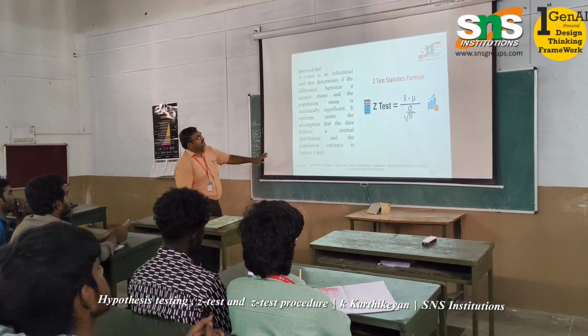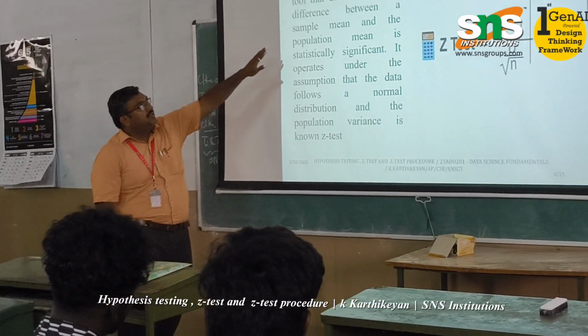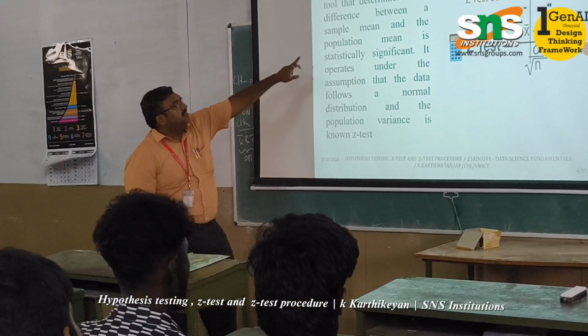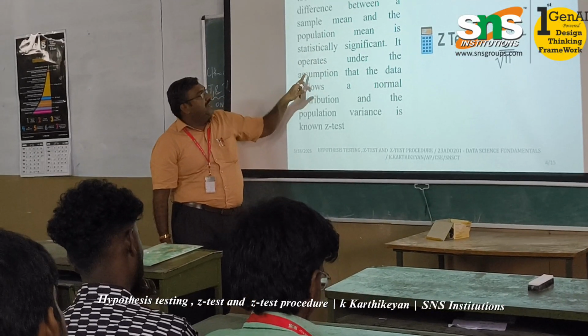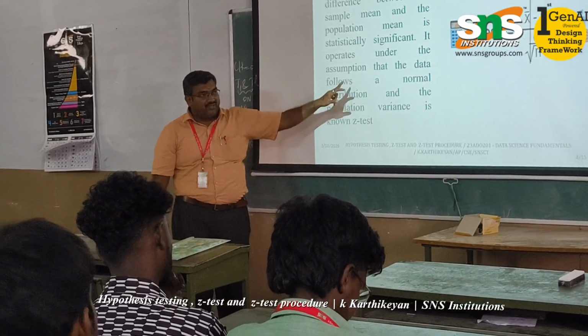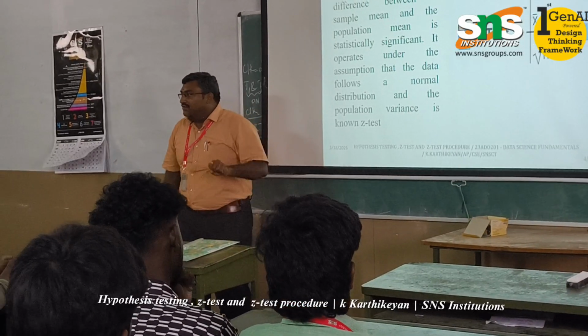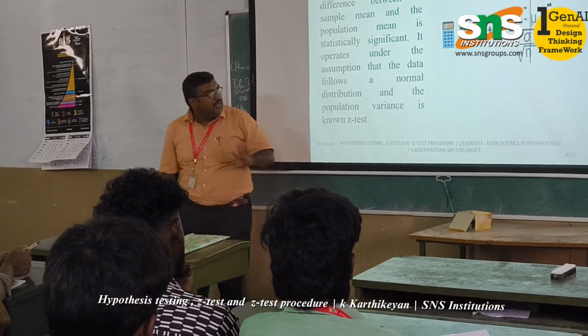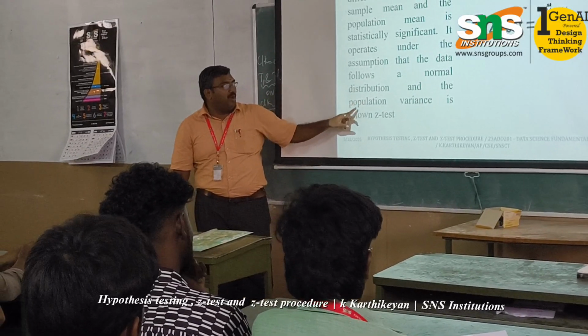So this is the z-test. The z-test is an inferential tool that determines whether the difference between the sample mean and population mean is statistically significant. It operates under the assumption that the data follows a normal distribution and the population variance is known.